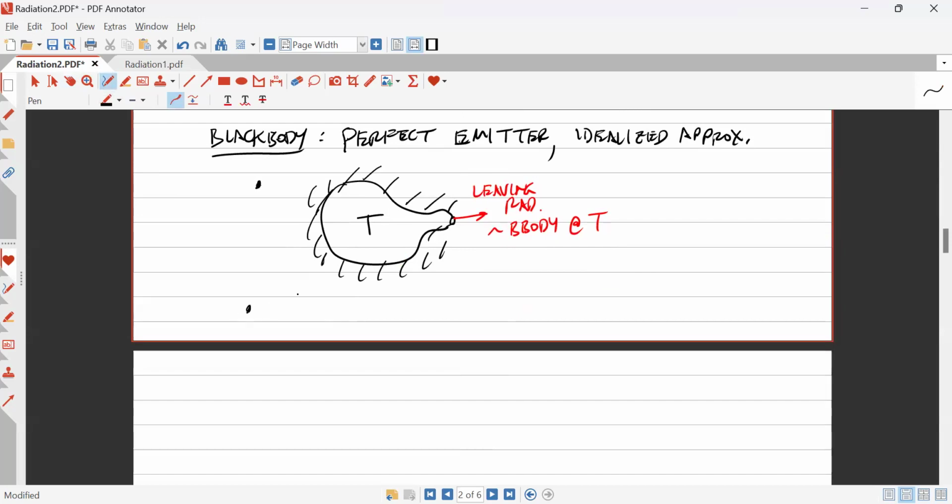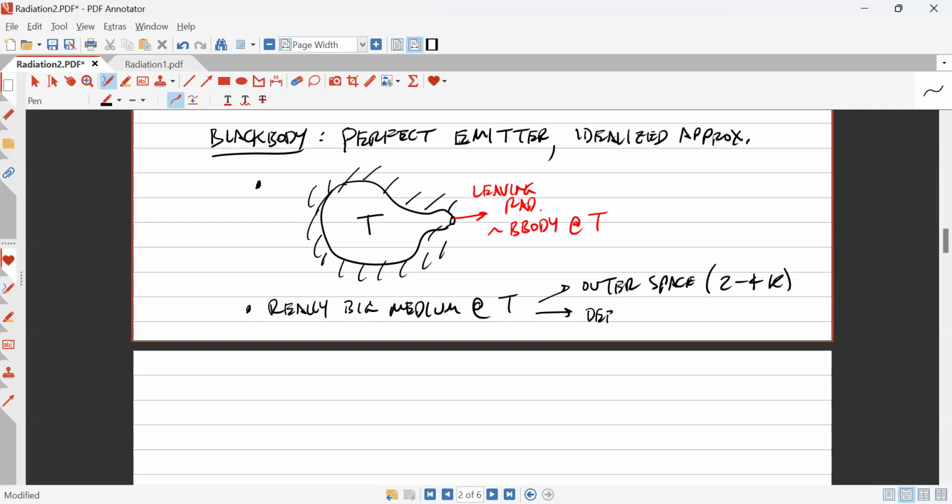The second way of thinking about it is a really big medium at some temperature T. And two common examples for this are outer space, which is somewhere 2 to 4 Kelvin, and the other one is the deep ocean.